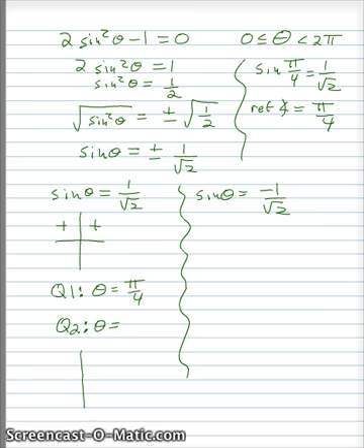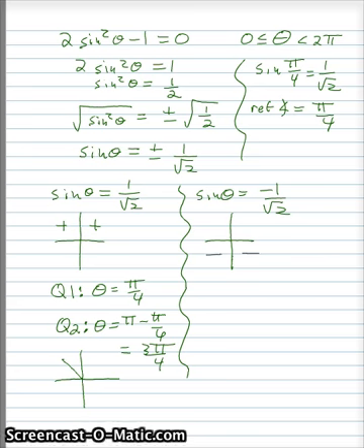So taking a quick look at the picture there, drawing that in, pi over 4, 45 degrees short of pi. That's pi minus pi over 4, which of course will give us 3 pi over 4. Now on the other side, we have sine of theta is negative 1 over root 2. Where is sine negative?